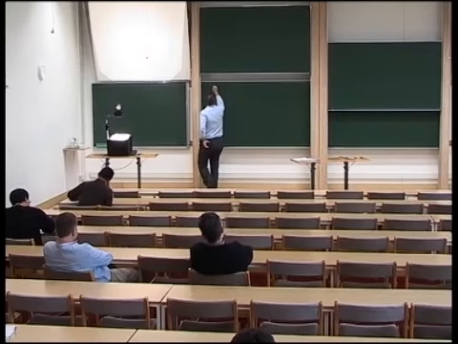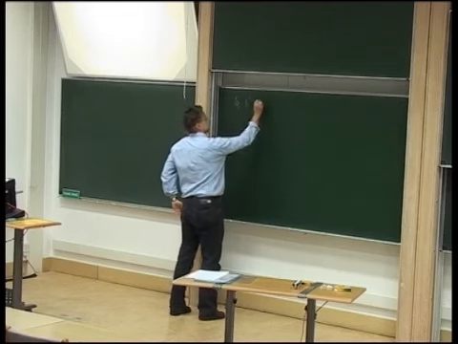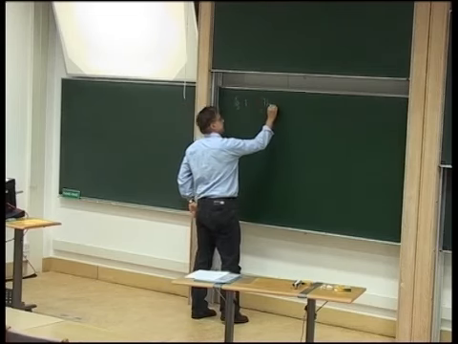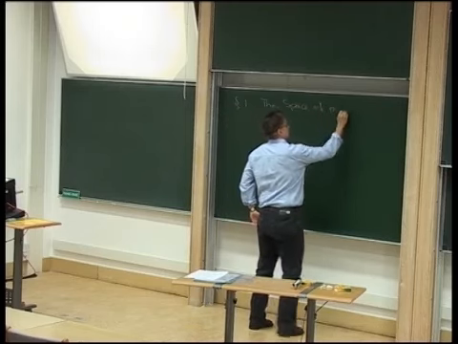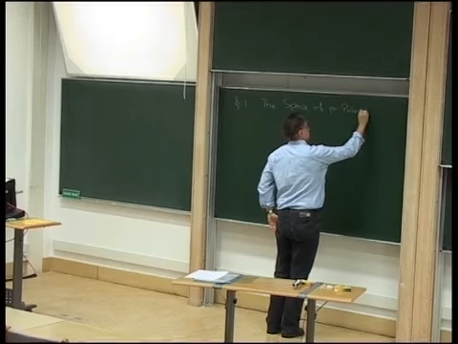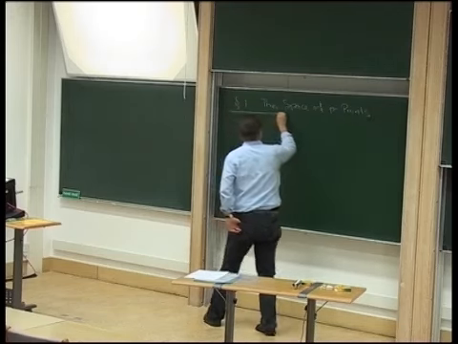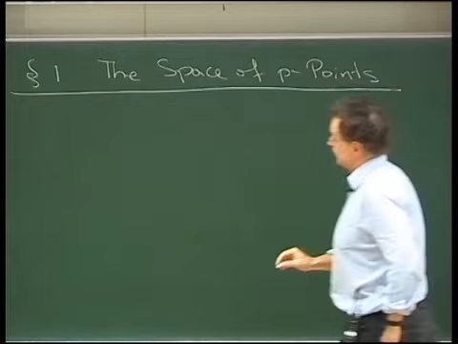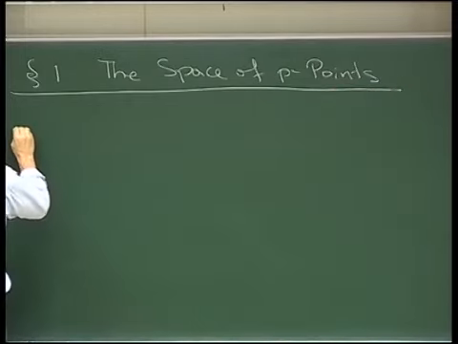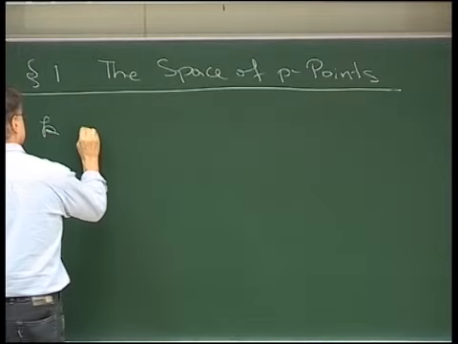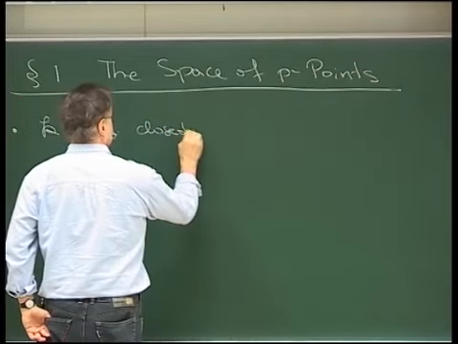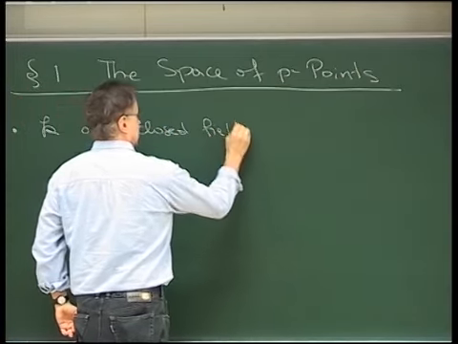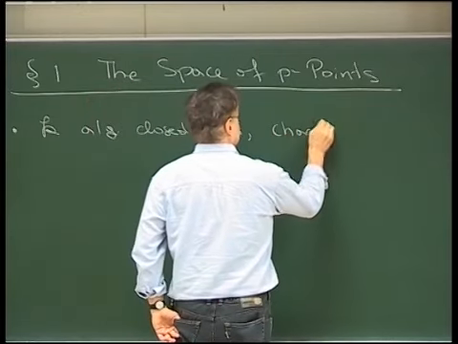Let me start out with a couple of remarks on the space of p-points. And for that, let me begin with the conventions that will be in force throughout this talk. So K will denote an algebraically closed field of positive characteristic.